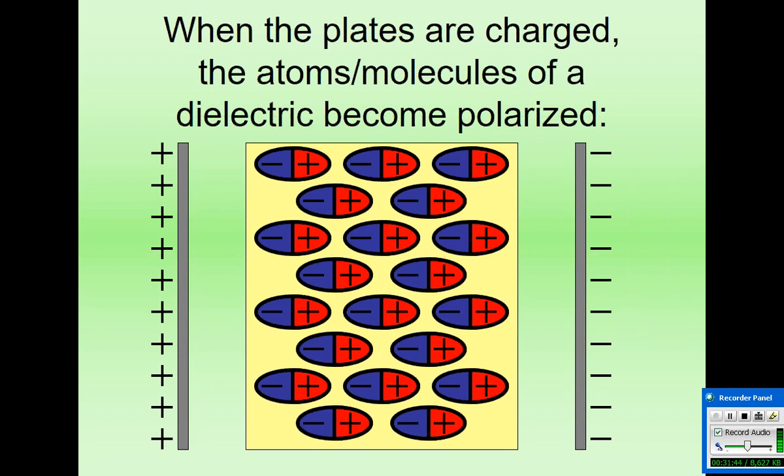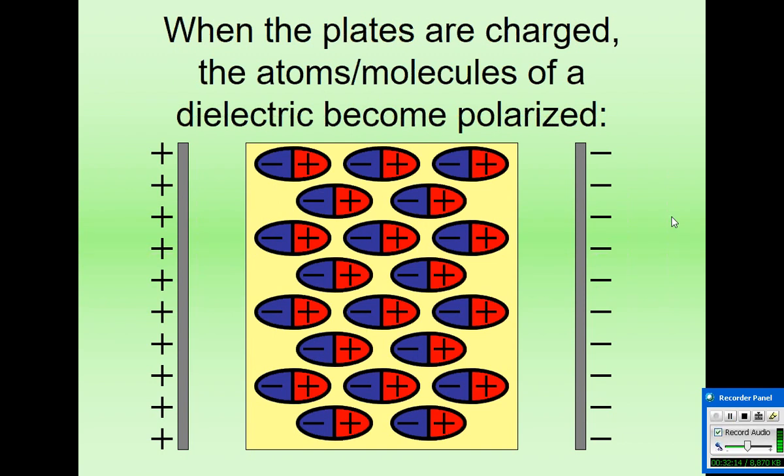Therefore, the net electric field between the plates gets less when I insert these dielectric materials in between. So there is a weaker electric field between the plates, leading to a weaker electric force, making it less likely for these charges to spark, to try and go from one side to the other side.